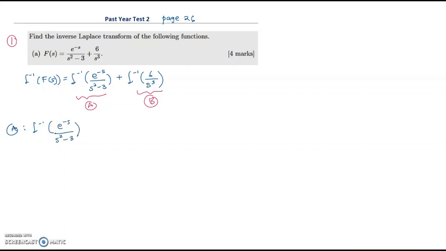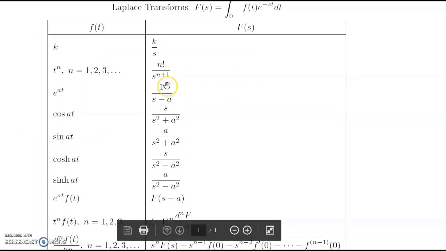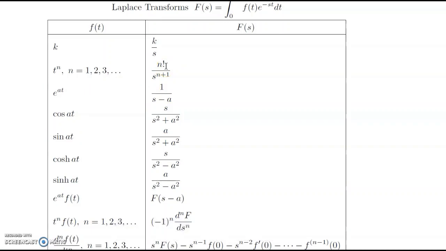We need to refer to the table and try to map to the right hand side of the table. So you have e^(-s) over something. If we refer to this table, you have the exponent multiplied, or divided, by something, which can be seen as the exponent times something.